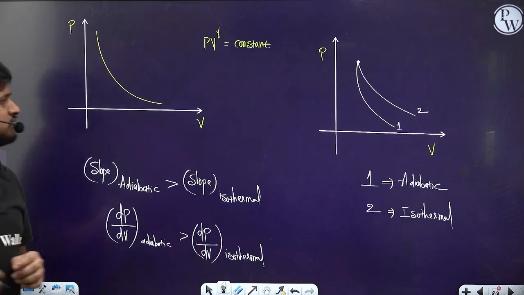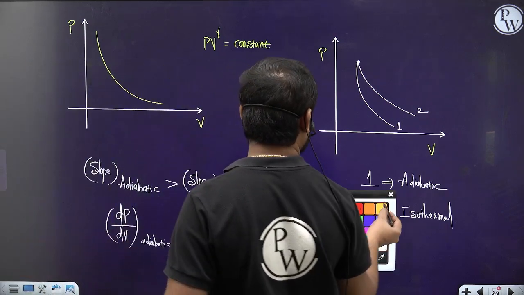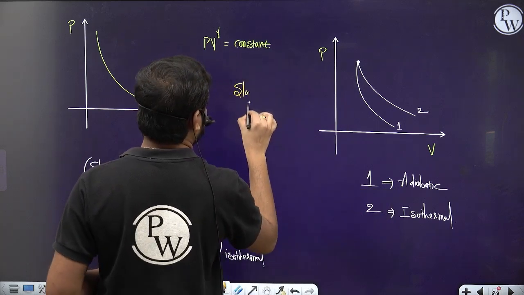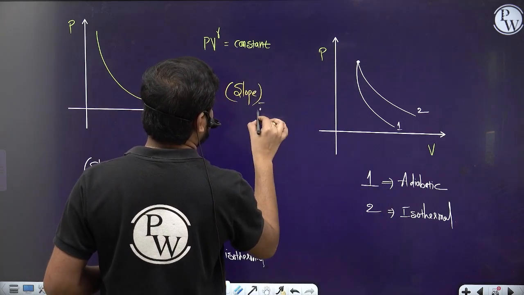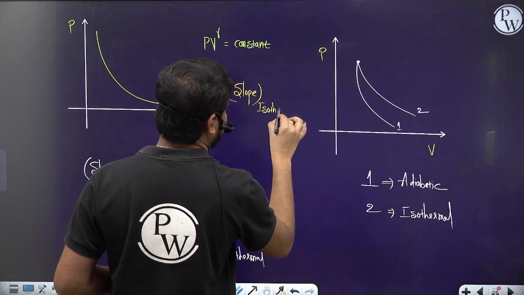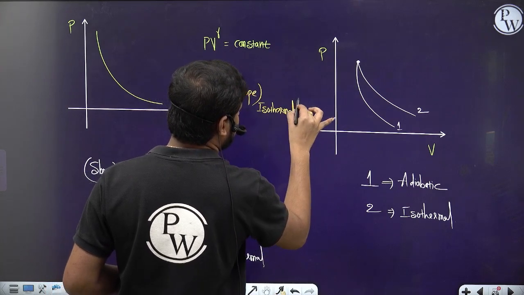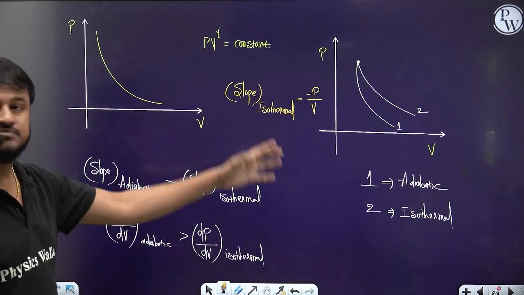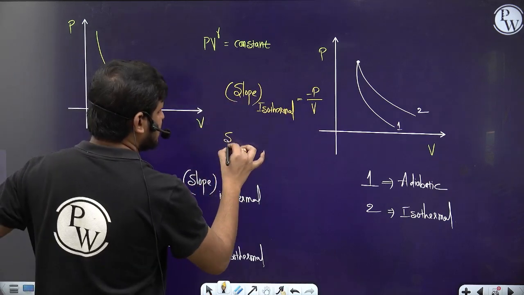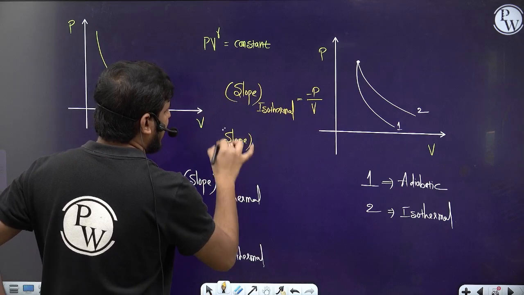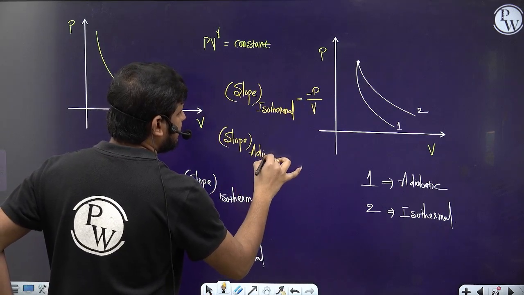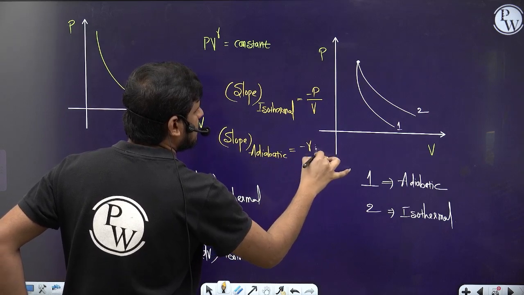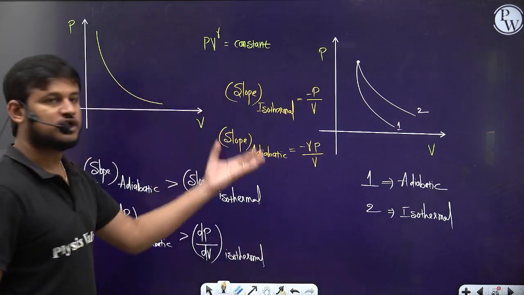Done? You can write that point also. The slope of isothermal, you know, right? What is the isothermal slope? Minus P by V we got. Remembered? dP by dV is equal to minus P by V. Whereas the slope of the adiabatic will be gamma times that of the isothermal.